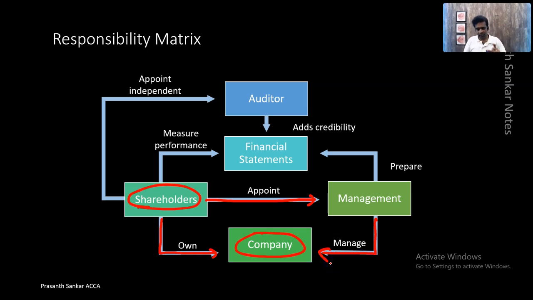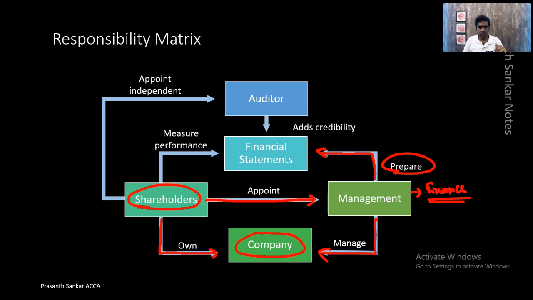Now, one part of the management consists of the finance team. In the finance team, there will be the CFO, the chief financial officer, finance director, etc. What will they do? They will prepare the financial statements. They are the ones who prepare the financial statements for the company. Now, why do they have to prepare the financial statements?